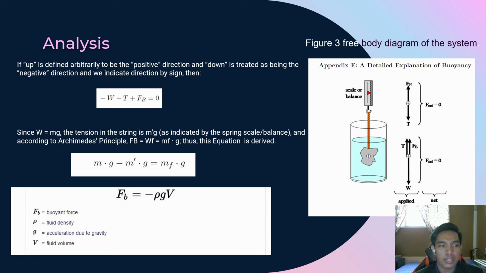Rather, it is submerged because of the weight of the metal cylinder itself. As we can see from the equation, if we put weight equals tension plus buoyant force, where tension and buoyant force are constants, the only conclusion is that the mass of the metal cylinder is too high for the buoyant force to compensate and let it float.